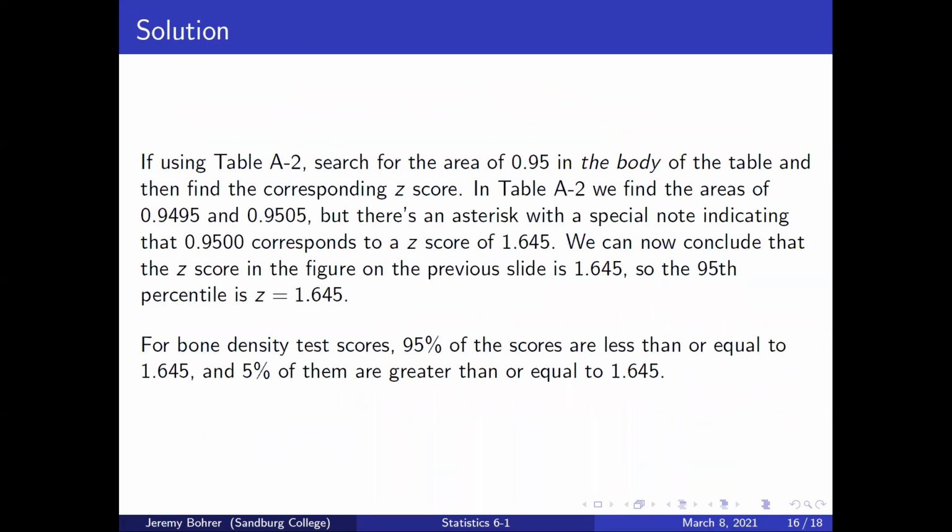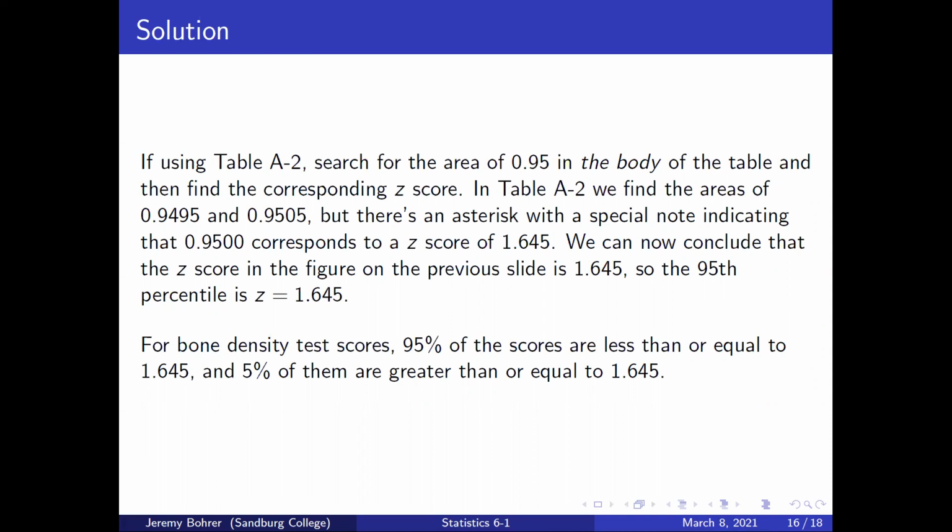If using table A2, search for the area of 0.95 in the body of the table and then find the corresponding z-score. In table A2, we find the areas of 0.9495 and 0.9505. But there's an asterisk with a special note indicating that 0.9500 corresponds to a z-score of 1.645.